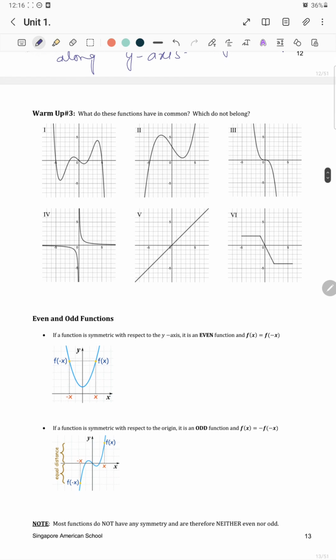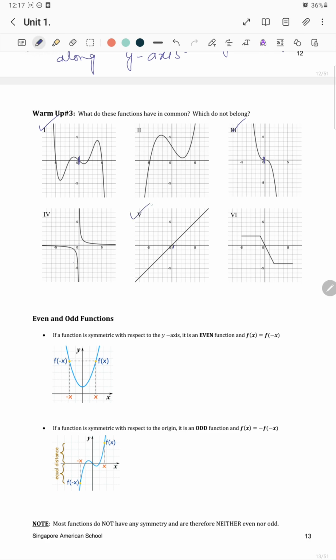Why do these functions have in common which do not belong? So 1 has a symmetry along the origin. 2 does not have symmetry along origin. 3 has symmetry along origin. 4 has symmetry along origin. No, 4 does not have symmetry along origin.